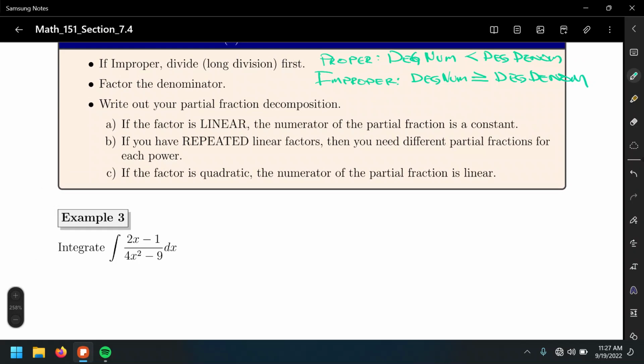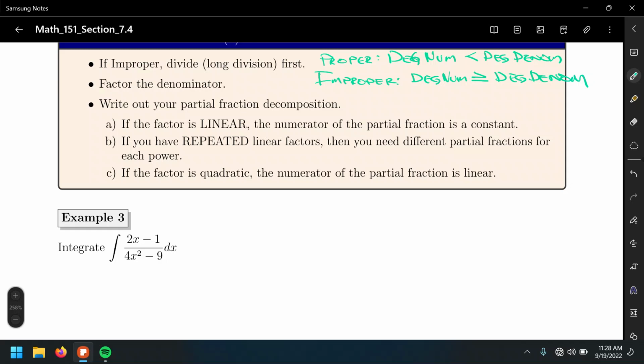Well, once we factor our denominator, let's write out our partial fraction decomposition with unknowns A, B, C, D, E, F, well, as many letters as we need. In the previous example, we did one with only 2. Now, here is the thing. Whenever we have linear denominators, the numerator in the fraction has to be a constant.